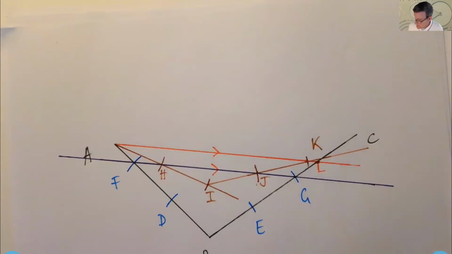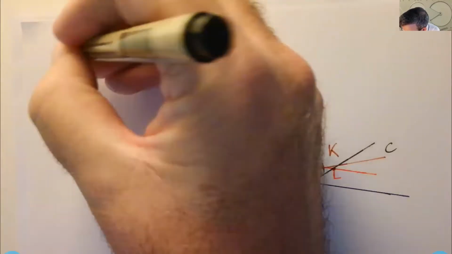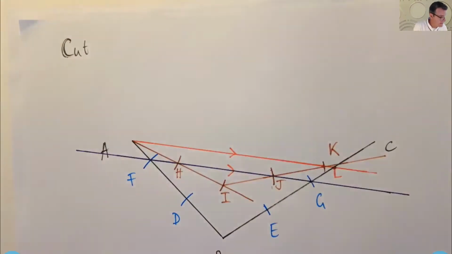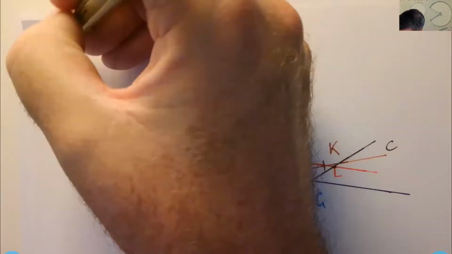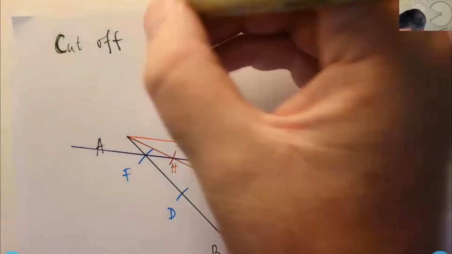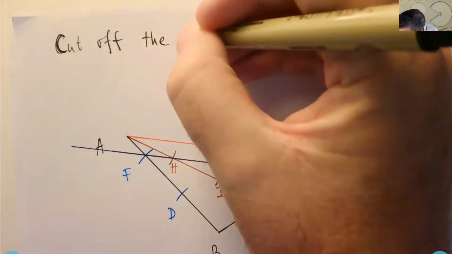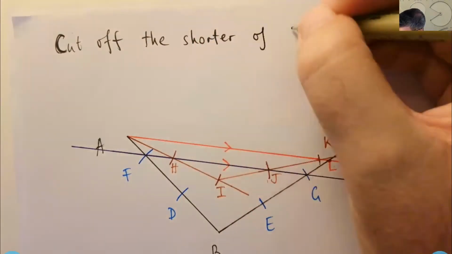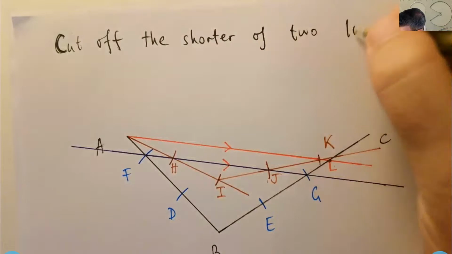So we have, actually I might get a better pen. That one seems to be running out. So we want to cut off the shorter of two line segments.